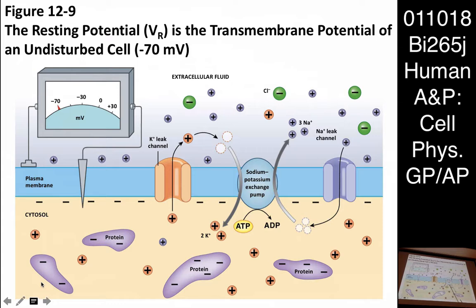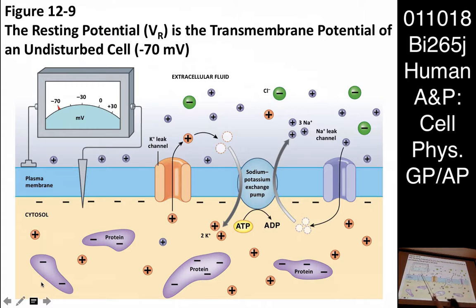So for every ATP we burn, there is a net increase in positive charge outside the cell of +1. That is what establishes the membrane potential.